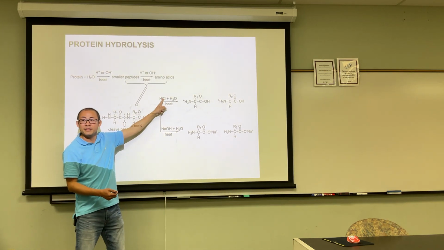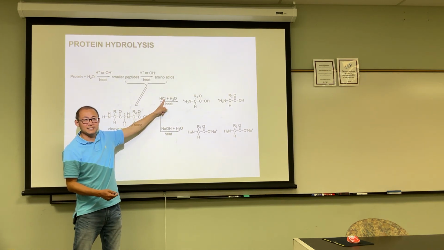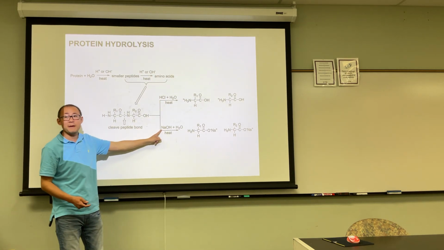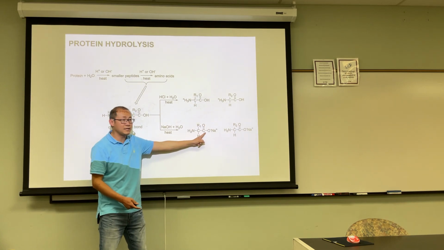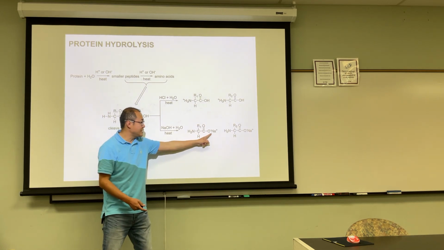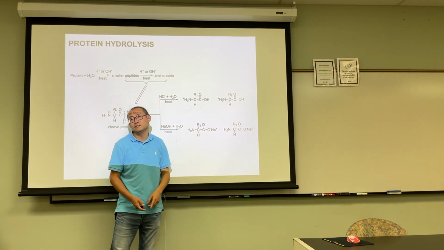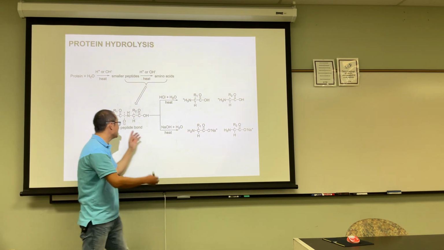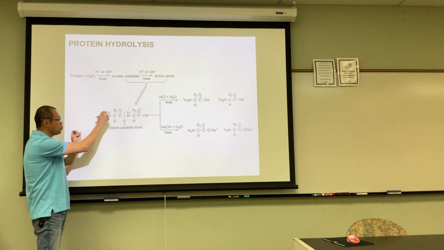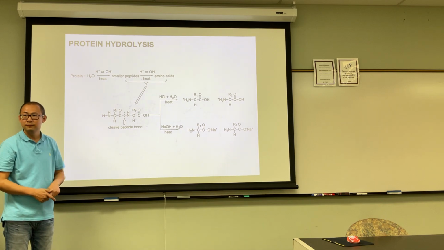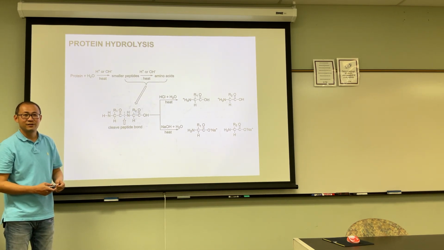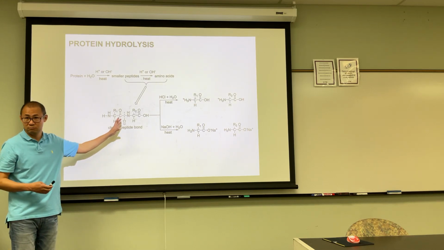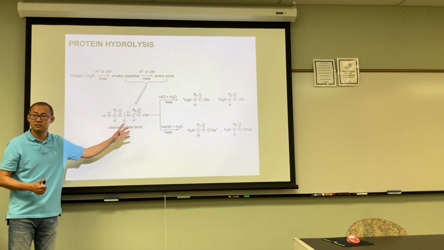Hydrogen plus from the acid. Does it make sense? If you use base, COOH will not be COOH. It will be what? CO minus Na plus. CO minus Na plus. Remember, now you have 2 of them because each one has a COOH and each one has an NH2. Do you understand both reactions? You will see them in your quiz and test.